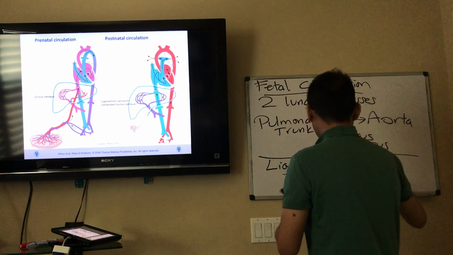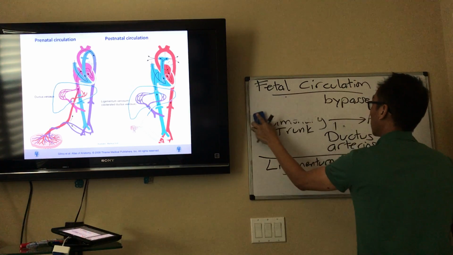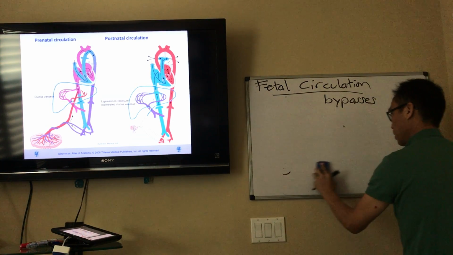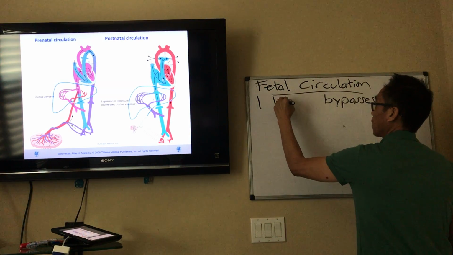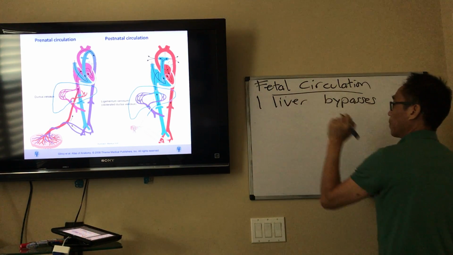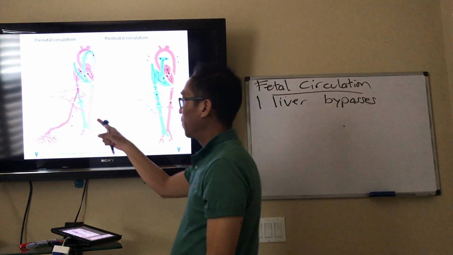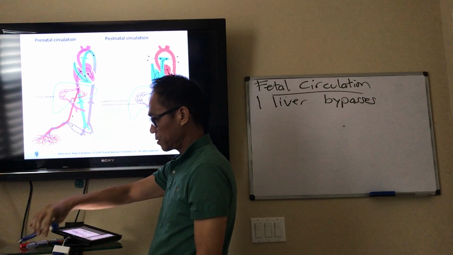So the last one we learned, one liver bypass. You go straight from the umbilical vein to the inferior vena cava through this ductus venosus.